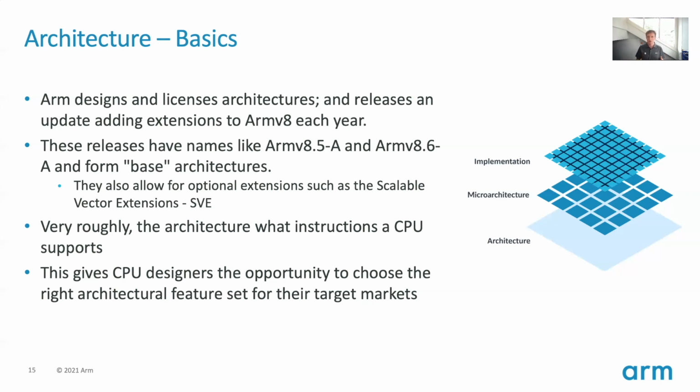For each annual tick, you'll have some number of features that are mandatory that you have to implement. If you want to make a v8.5a compatible core, then you have to implement some set of them.